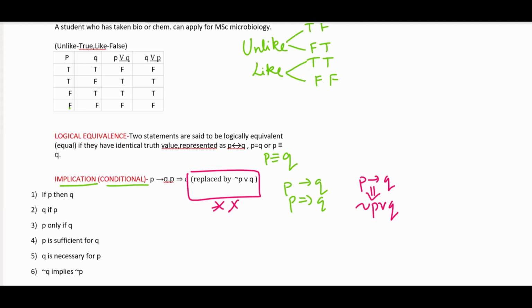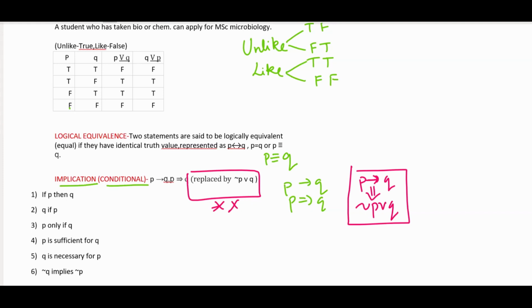There is no property which uses the implication sign. So first of all, you have to change this symbol to disjunction. Whenever P implication Q is written, you have to replace that by negation of P union Q. Then only you can solve that question using the properties.